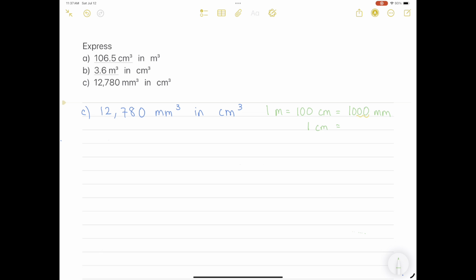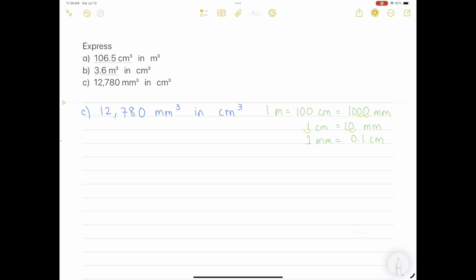So 1 centimeter equals 10 millimeters, because if we divide 100 centimeters by 100, we get 1 centimeter, and when we divide 1,000 millimeters by 100, we get 10 millimeters. 1 millimeter equals 0.1 centimeters, because we move that decimal point over to the left 1 decimal place.